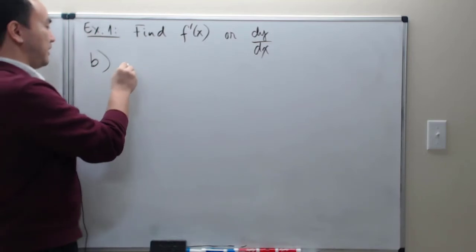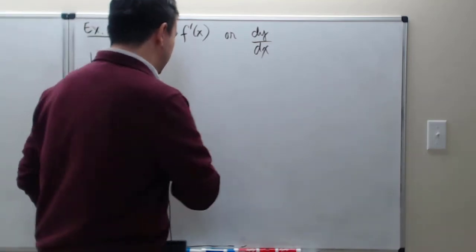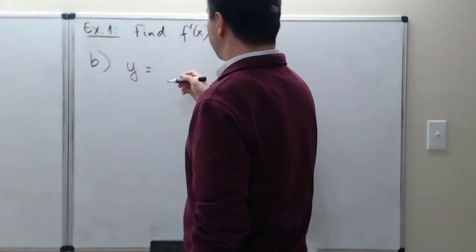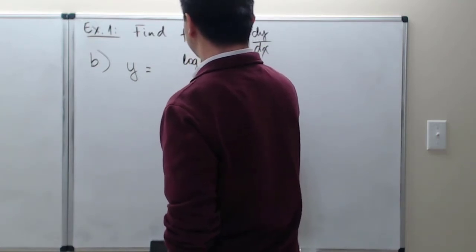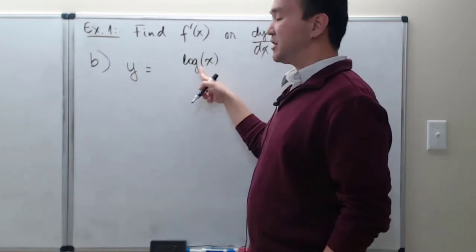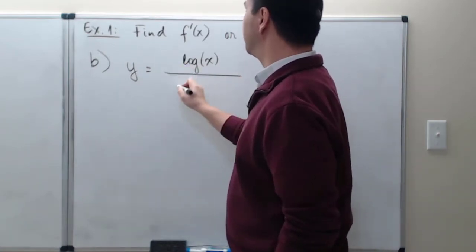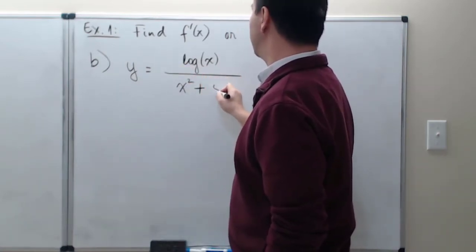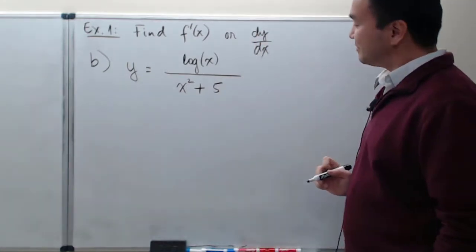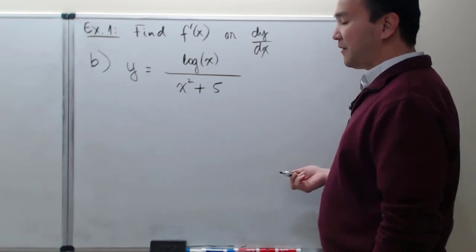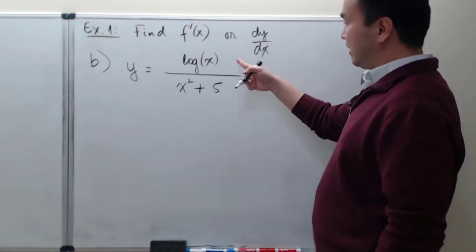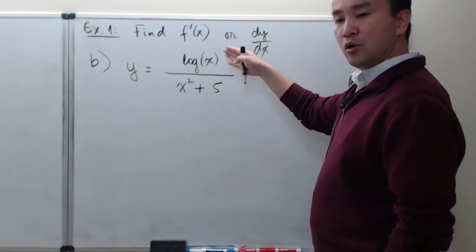So we have a function, how about y equals, and then here let's look at, let's say, log, so this is skipping the base, so log base 10 over, how about x squared plus 5 here. So before proceeding into the actual finding derivative, we can observe that our function here is a quotient.